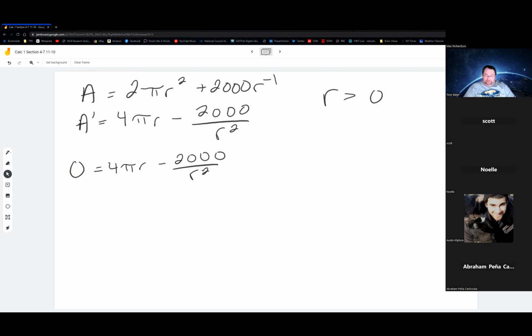So if I fix this fraction, I can get my common denominator to be r squared. I have 4 pi r to the third minus 2000, because I just multiplied that by r squared.